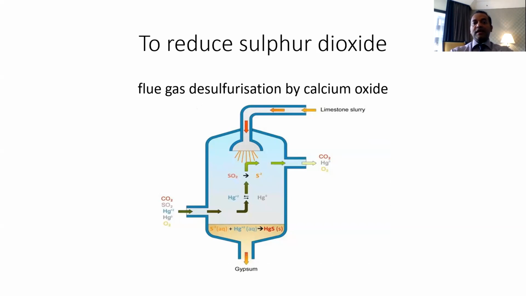Flue gas desulphurization is an industrial technique where they spray calcium oxide mixed with water on the top of the tank where the sulfur dioxide is moving out. All these gases, for example carbon dioxide, sulfur dioxide, or any other gas, move out through this long gas chamber, and there is a sprinkler or water spray on the top of this chimney.